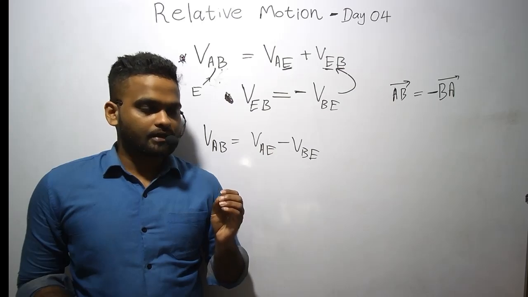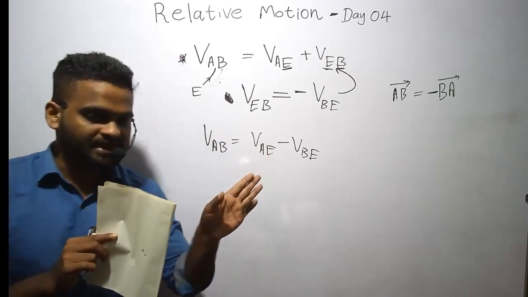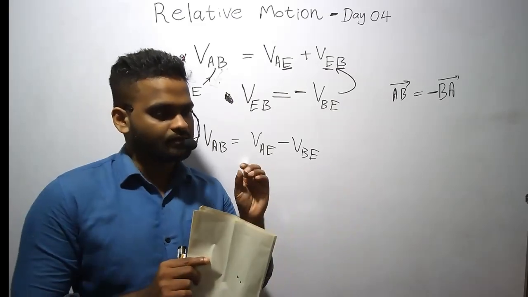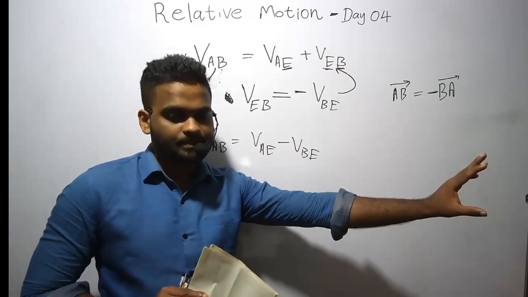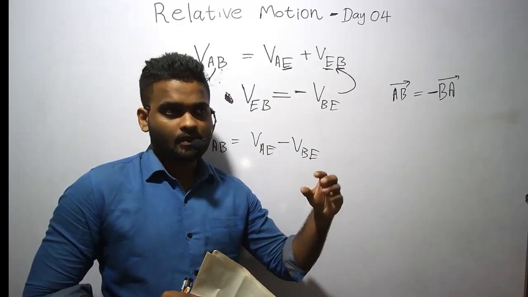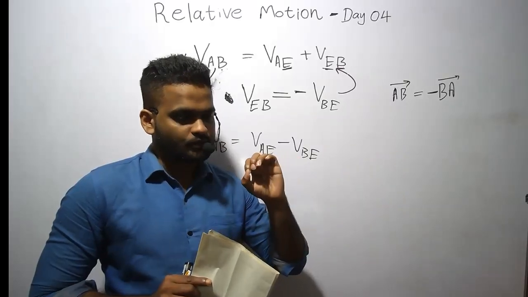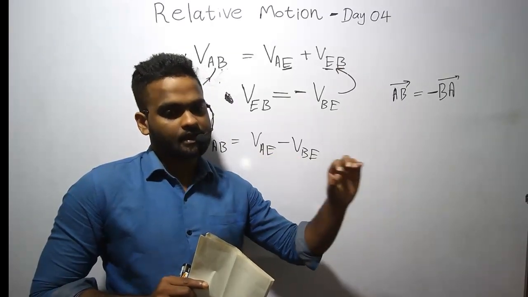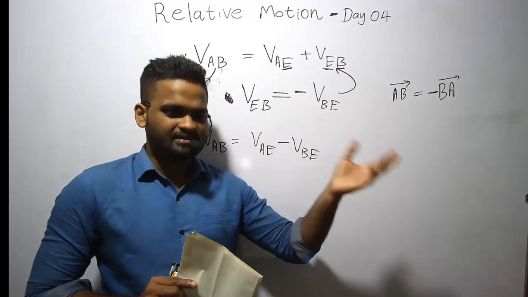So when you are doing MCQs, that's what you have to do. If the objects are moving to the same side, let's say one object moves 5 meters per second, another 10 meters per second. What's the relative velocity between them? You can just subtract those two.